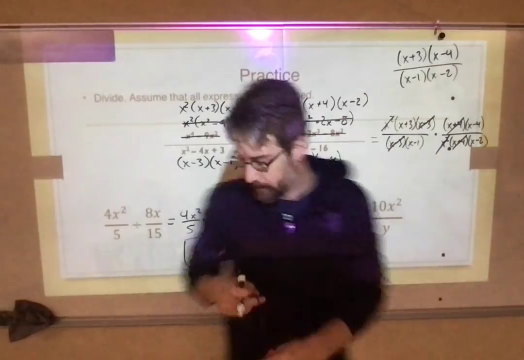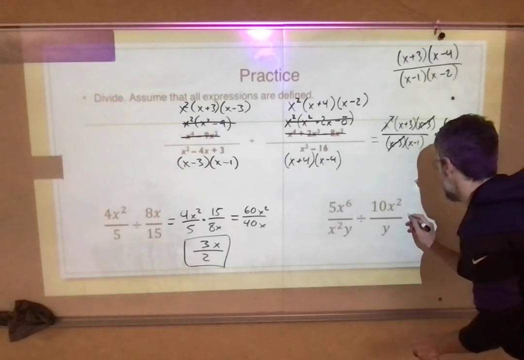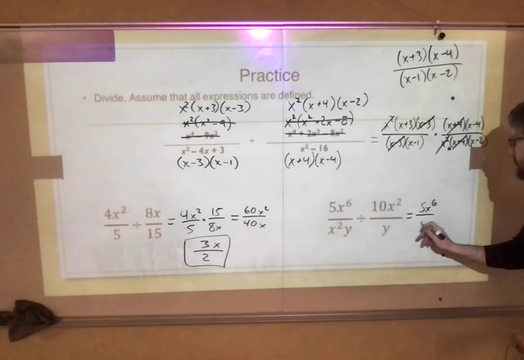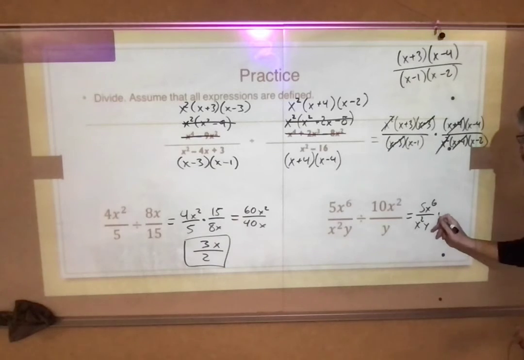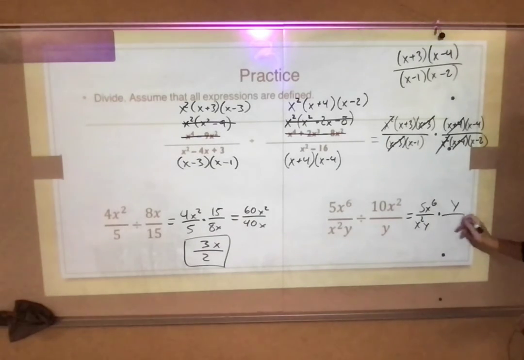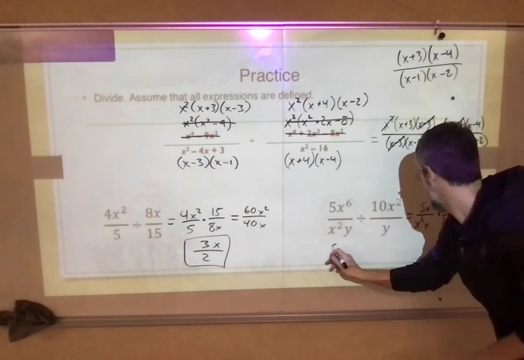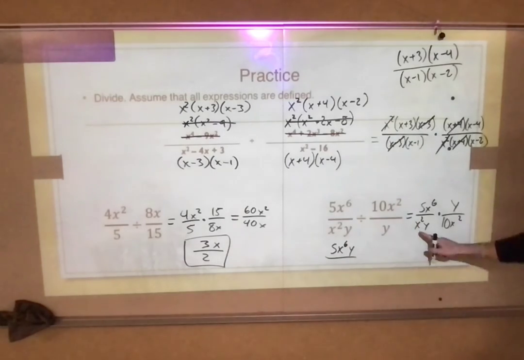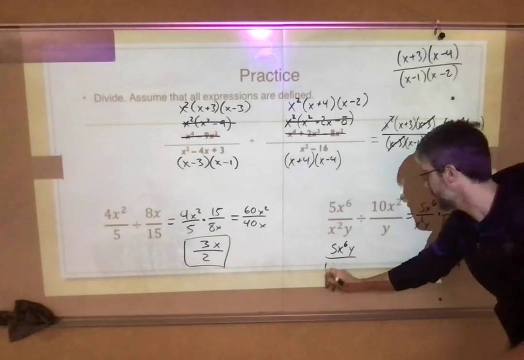And our last one, same idea. Rewrite it and keep, change, flip. 5x to the 6th, x squared y times y over 10x squared. If I multiply the numerators and the denominators, 5x to the 6th y, and then I've got a 10.